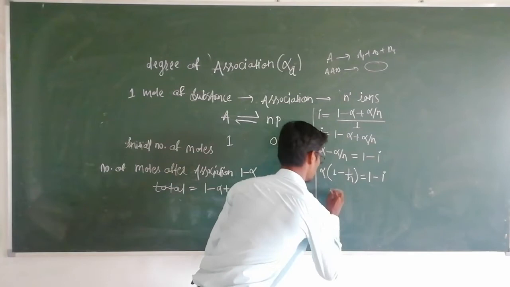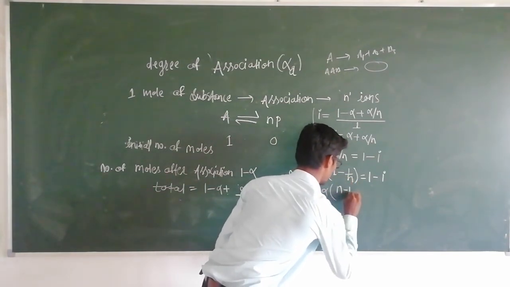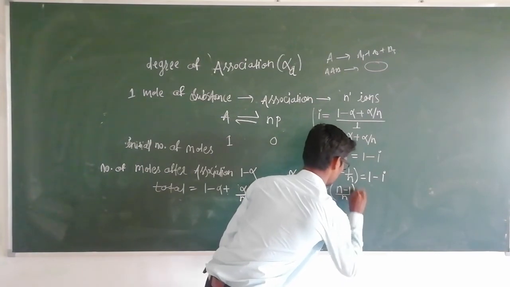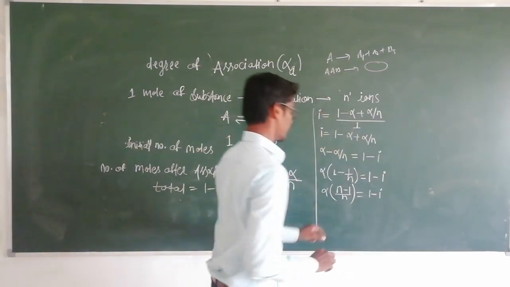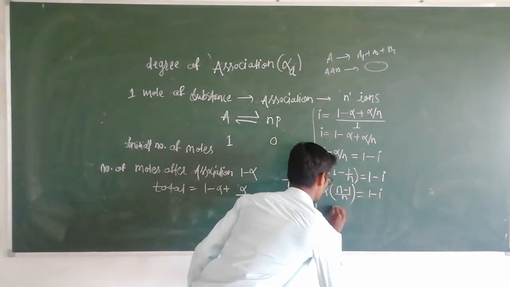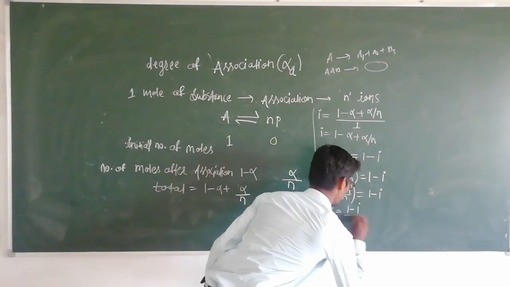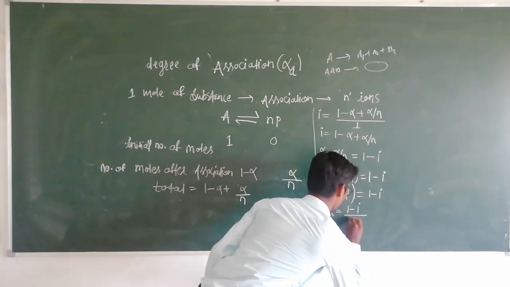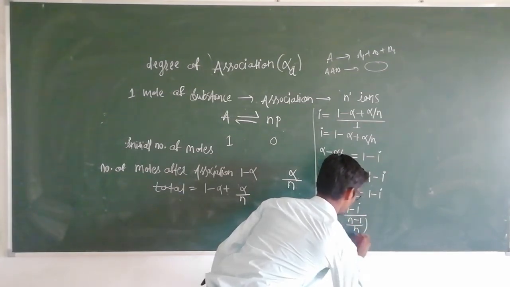After solving this quantity, alpha times (n minus 1) divided by n is equal to 1 minus i. This quantity gets transferred toward the right hand side, so alpha is equal to (1 minus i) divided by (n minus 1) divided by n.